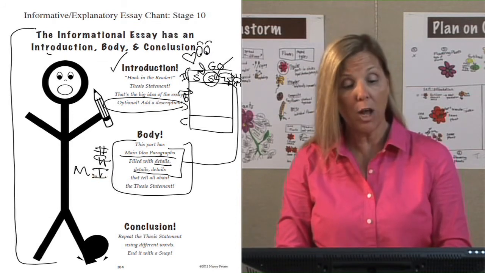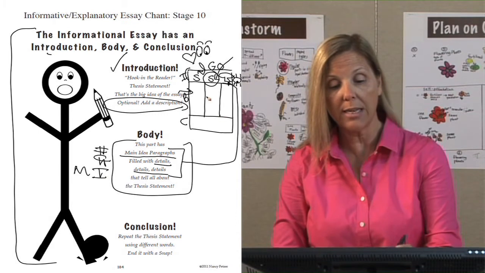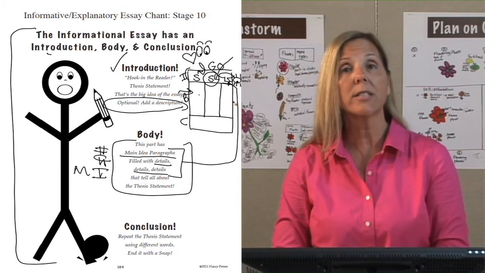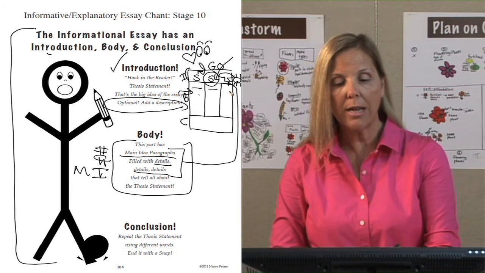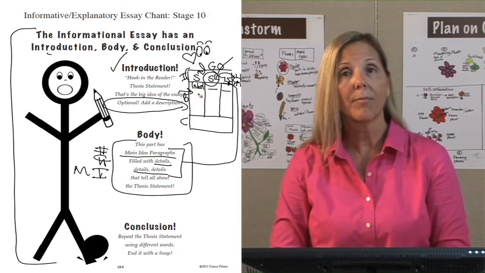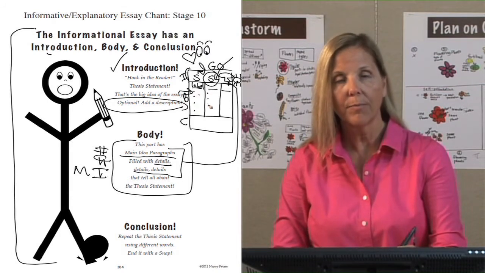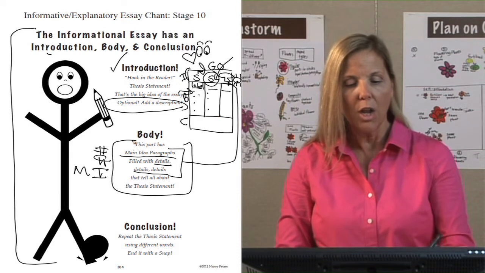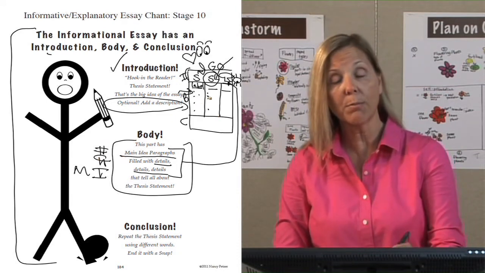Then you would have a box in your organizer. So let's say there were 3 main ideas. Then you would put 2 lines to have 3 boxes. You would then label each box with a main idea. Then below that are going to be all the details. So we have our main idea paragraphs, and the number of them is going to determine the number of boxes.